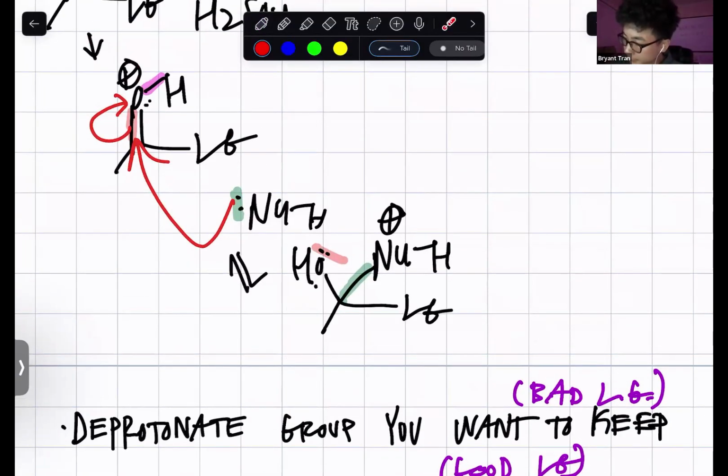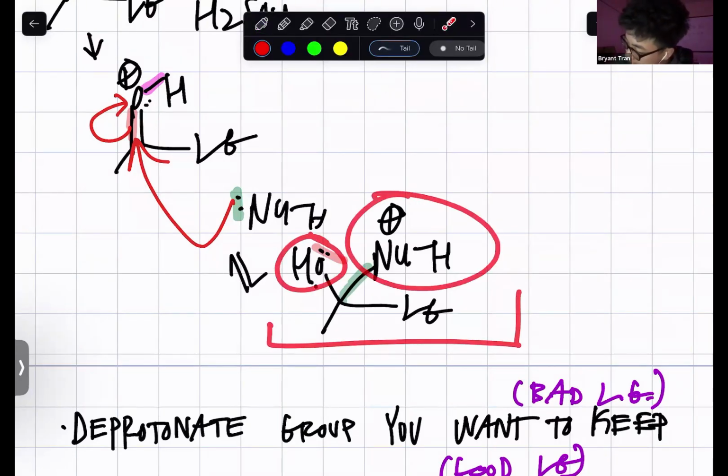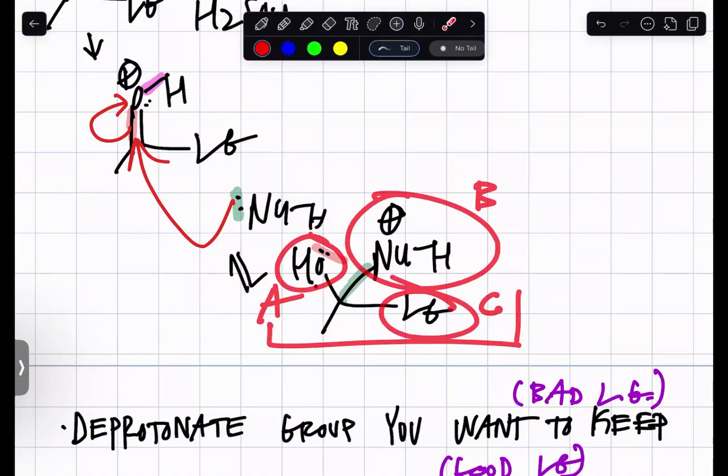So if you look at this right here, which one of these looks like the good leaving group? Let's say this is A, this is B, this is C. I want to say C. Yeah.